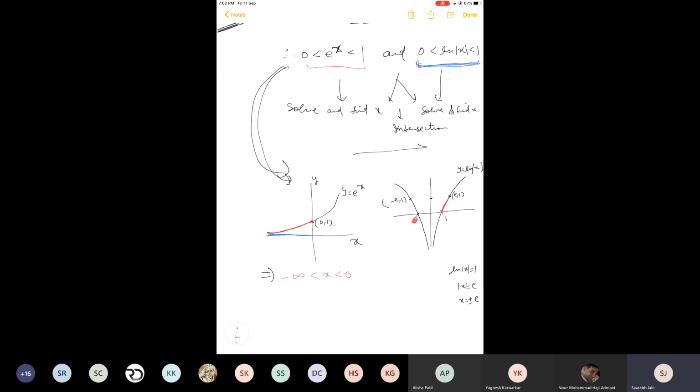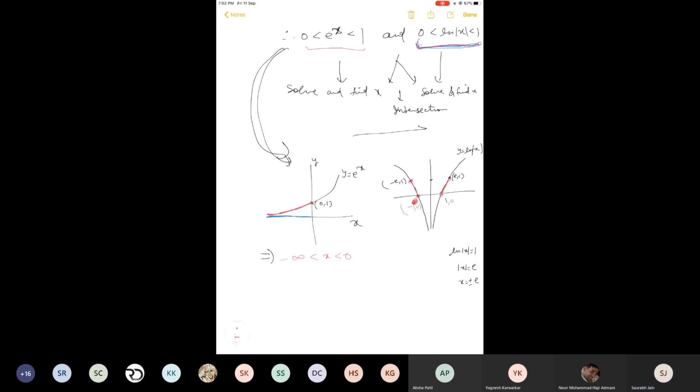Okay. Why open ring? Not in the actual diagram of ln mod x. This ring is on the red portion. Why? Because we want the heights greater than 0 and less than 1. So for these heights, what are the values of x? That is obvious from the diagram. x belongs to minus e to minus 1 union 1 to e.